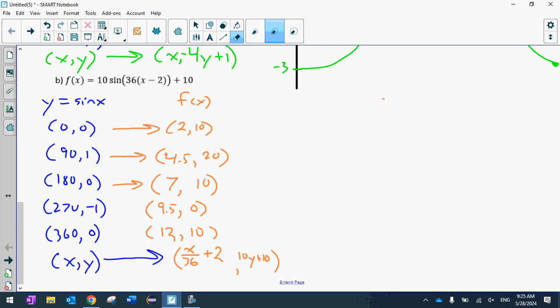Can you tell by looking what our period is here? Good guess. Quite. Yes, we finished at 12, but what do we start at? 2, so it's 10. The period's 10. In fact, think about it. You took a graph that has a period of 360 degrees, and you divide all the x-values by 36.